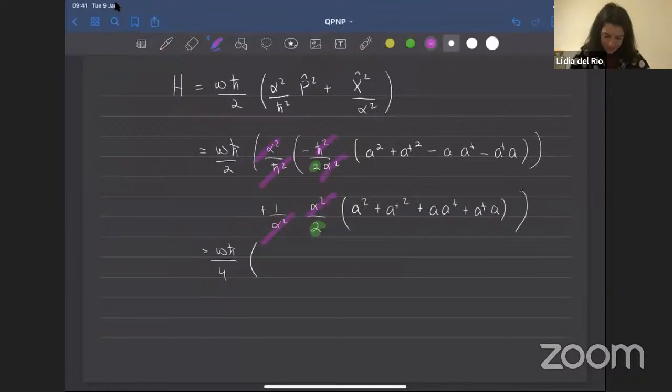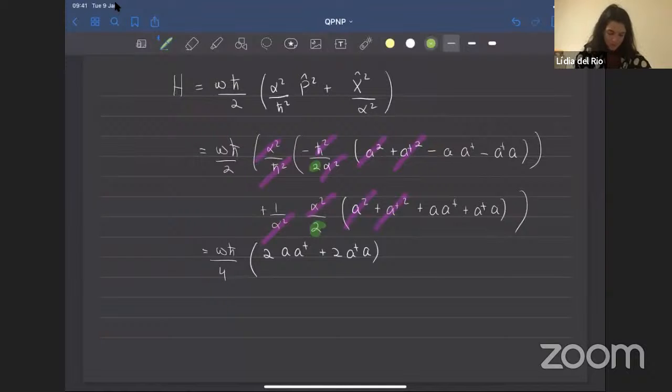But we can just say these two cancel out because they have opposite signs. And these two, we just have 2 of each. So minus with minus becomes a plus, here another plus. And this term is the same as this. Great. So now we have 2 A dagger plus 2 A dagger A.